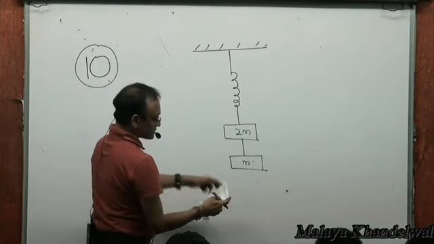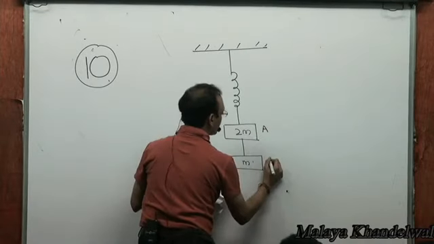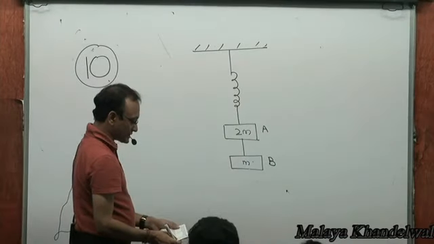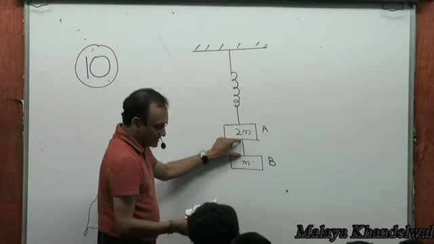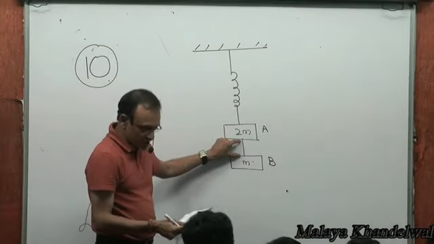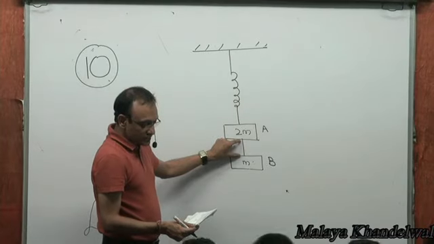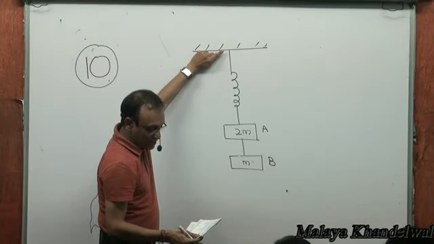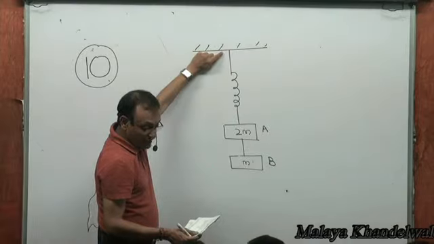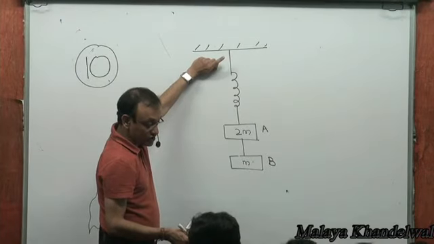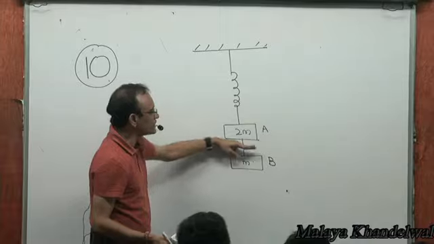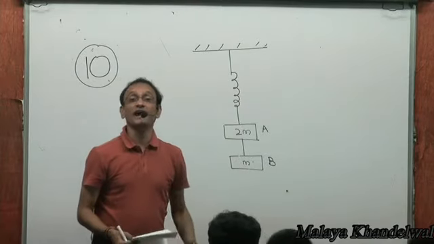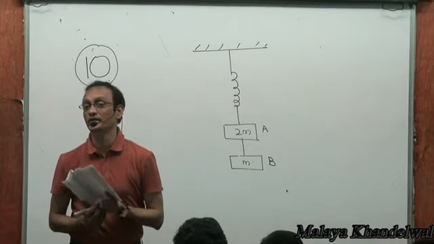So these are two blocks, A and B, of masses 2m and m respectively, connected by a massless inextensible string. The whole system is suspended by an ideal, massless light spring, as shown in the figure. The magnitudes of accelerations of A and B immediately after the string is cut. So I'm going to snap the string between A and B. And subsequently, I want to find out what the acceleration of small m and 2m would be.